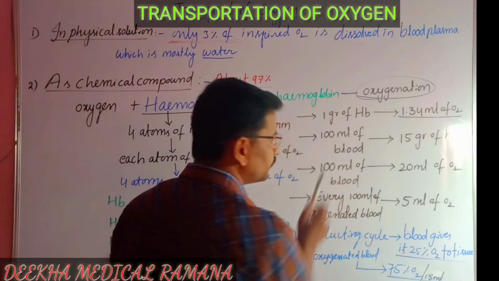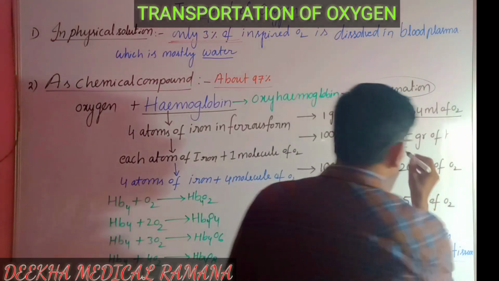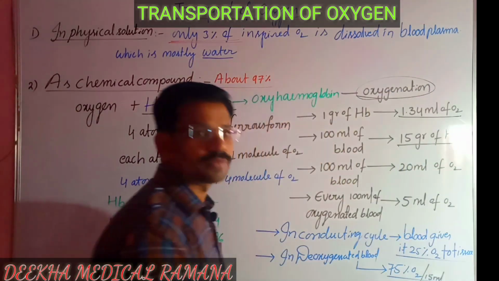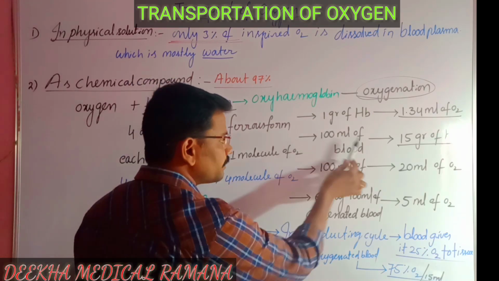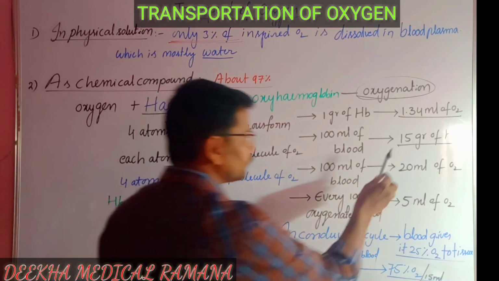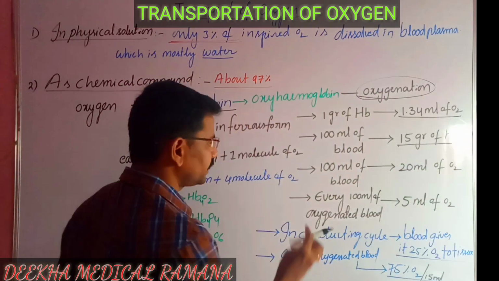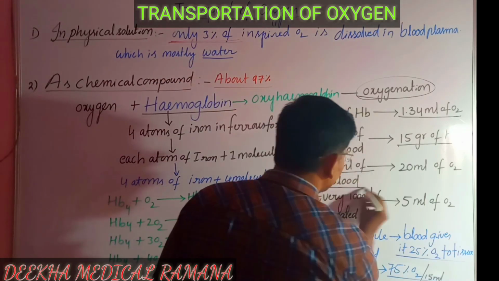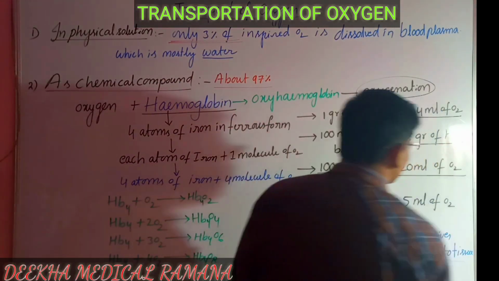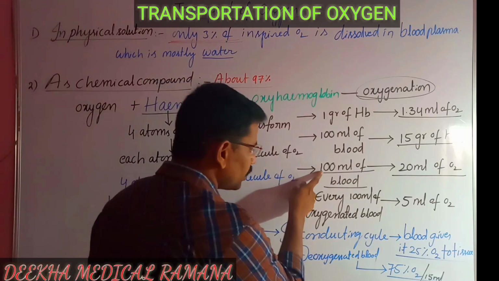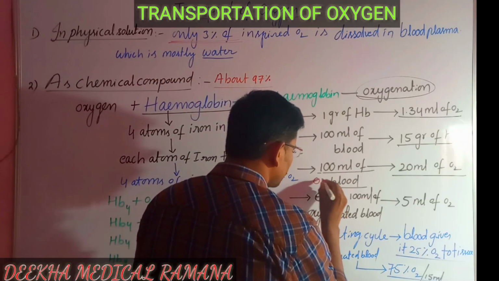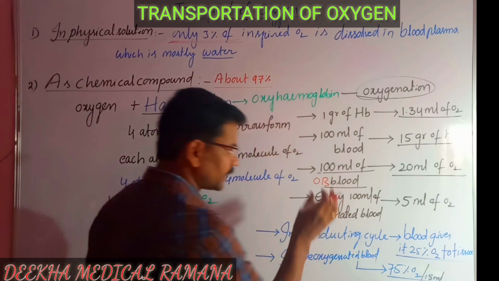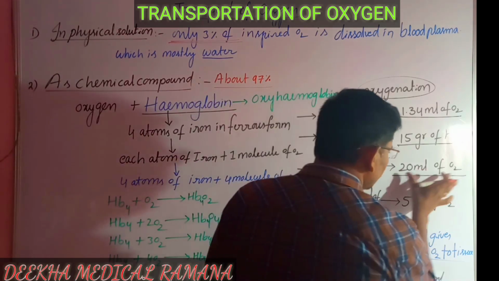100 ml of blood can carry 15 grams of hemoglobin, whatever blood you take, right? Mostly we can say 100 ml of oxygenated blood, we have to stress it. 100 ml of oxygenated blood can carry 20 ml of oxygen.